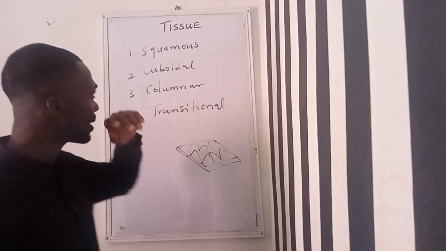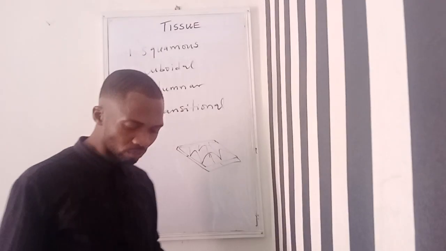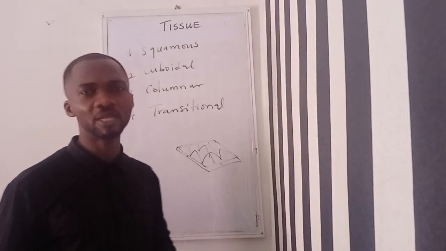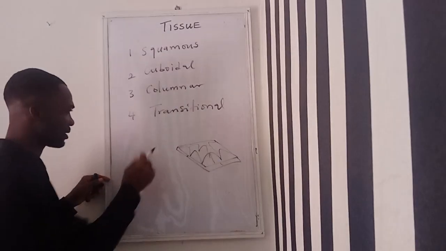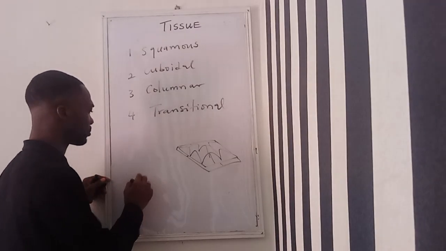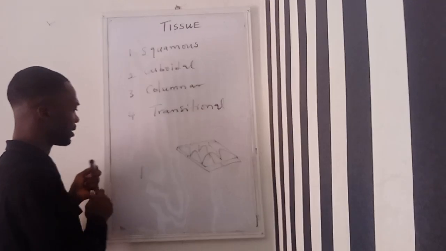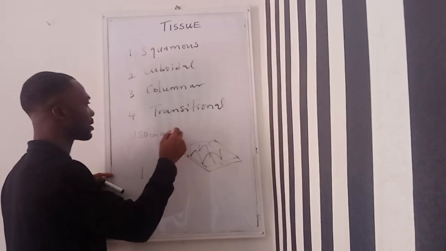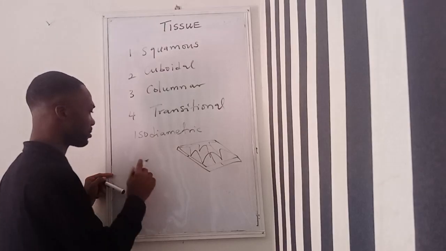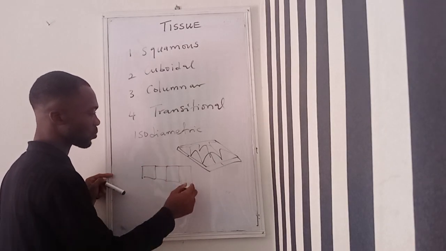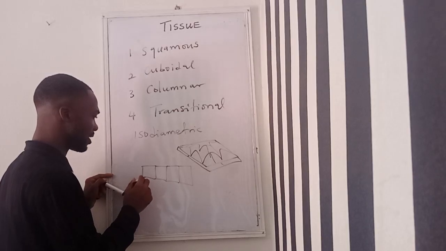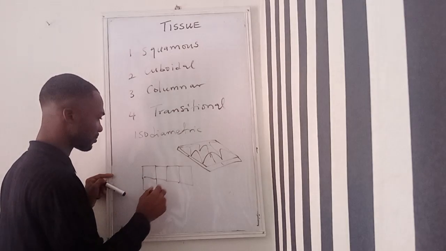Then we'll have the cuboidal epithelial tissue. When it comes to cuboidal epithelial tissue, this is the kind of epithelial tissue whose cells are isodiametric. What does it mean to be isodiametric? It means that they are as wide as they are tall.